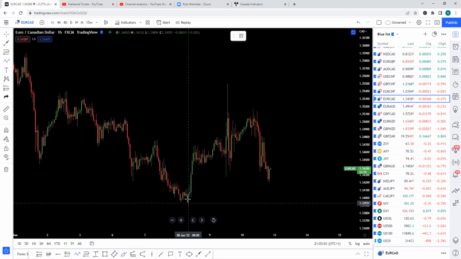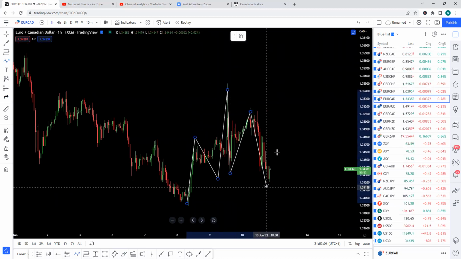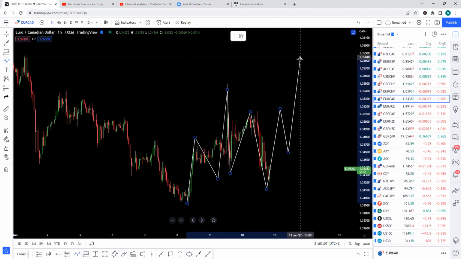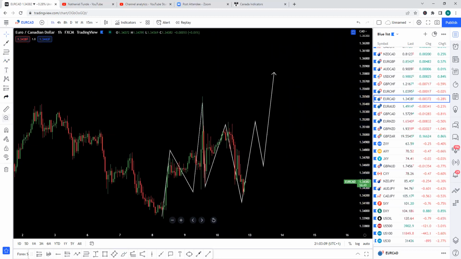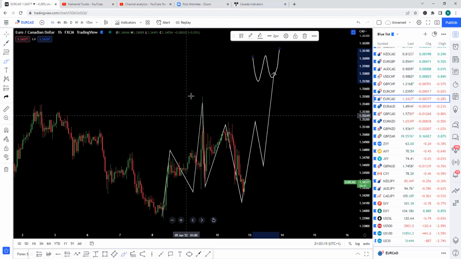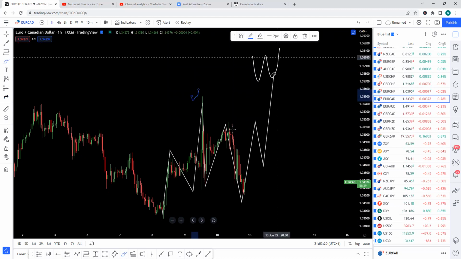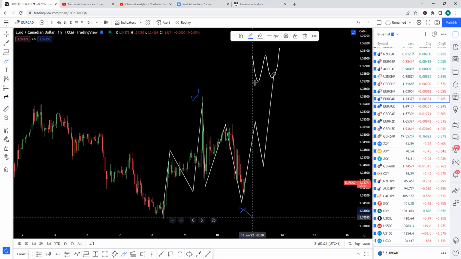You can have 1, 2, and 3, 1, 2, and 3, 1, 2, and 3. So this in itself will now be W. Okay, the internal structure W, X, Y.